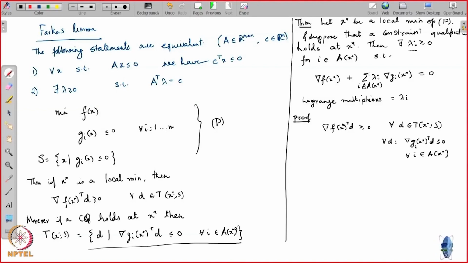Now all I need to do is apply the Farkas lemma. How do I apply it here? The condition grad g I transpose d less than or equal to 0 for all I in A of x star is analogous to the condition Ax less than or equal to 0.